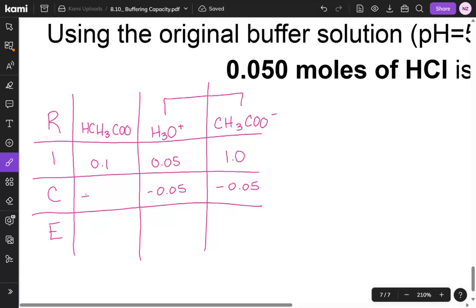And our acid in our buffer is going to go up. So we are going to have 0.15. This will be 0, and then this will be 0.95.